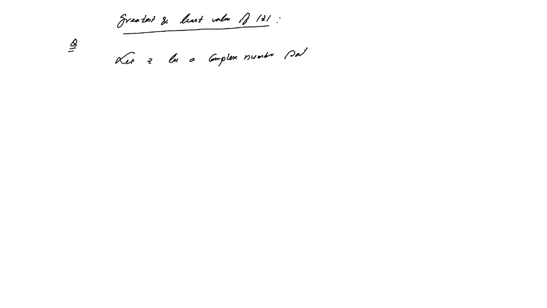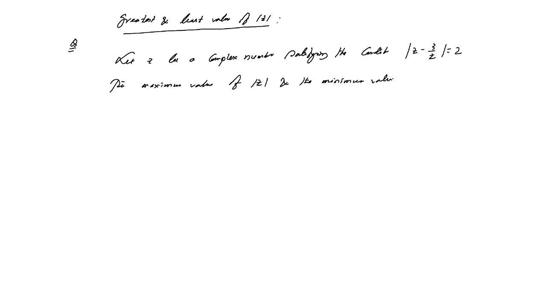In that case, the question is given like, let z be a complex number satisfying the condition, mod of z minus 3 by z equals 2. You have been given that kind of information, and from that you will find the maximum value of mod z and the minimum value of mod z.